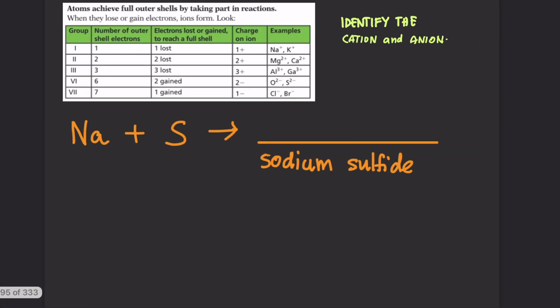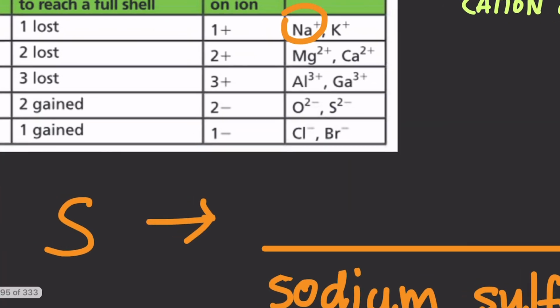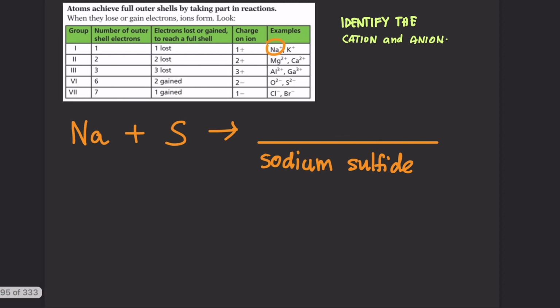So let's look at this table. We have sodium. What is the charge of sodium? Let's look at its group, group 1 over here. So it is 1 positive, while sulfur is 2 negative.